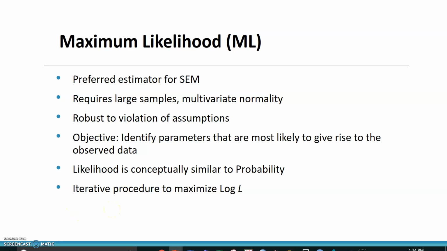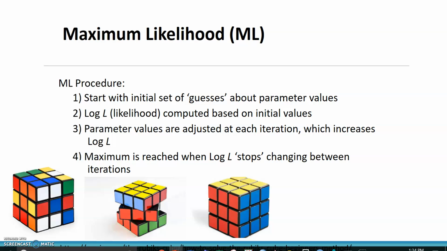What we're doing is we're trying to identify parameters that are the most likely to give rise to the observed data. And so likelihood you can kind of conceptually interpret as probability. And it's an iterative process to get the maximum log likelihood. You can think about it like this. We start with a bunch of guesses about a parameter. So we have this model that we have created, and we guess about where the parameters might be.